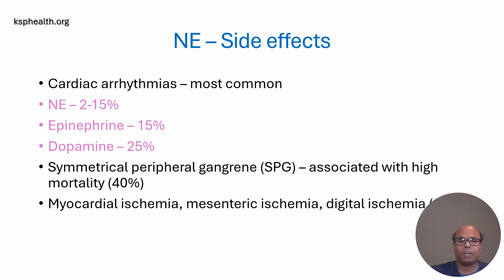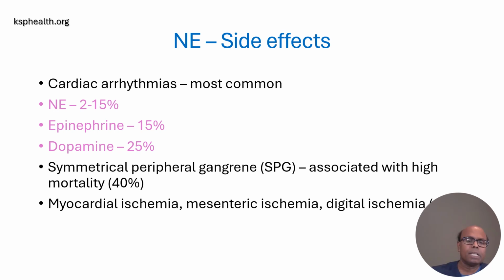Of course, norepinephrine has side effects, cardiac arrhythmias being the most common. The cardiac arrhythmias are seen in 2 to 15% of patients when you use norepinephrine, 15% of patients when you use epinephrine, and 25% of the patients when you use dopamine.